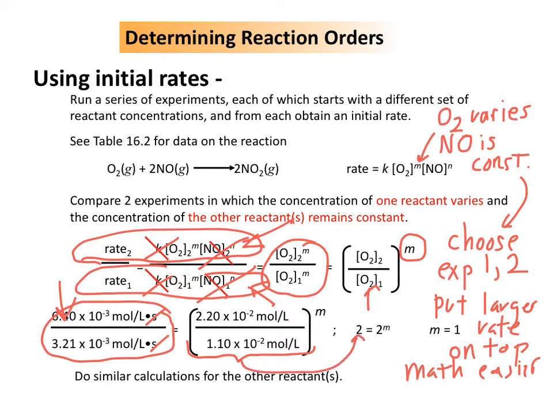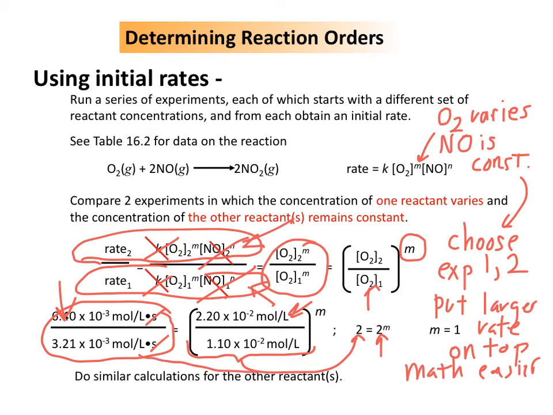If you look at the change in the oxygen values, then you see that it's also 2. These numbers right here are the oxygen values. That's 2 to the m.